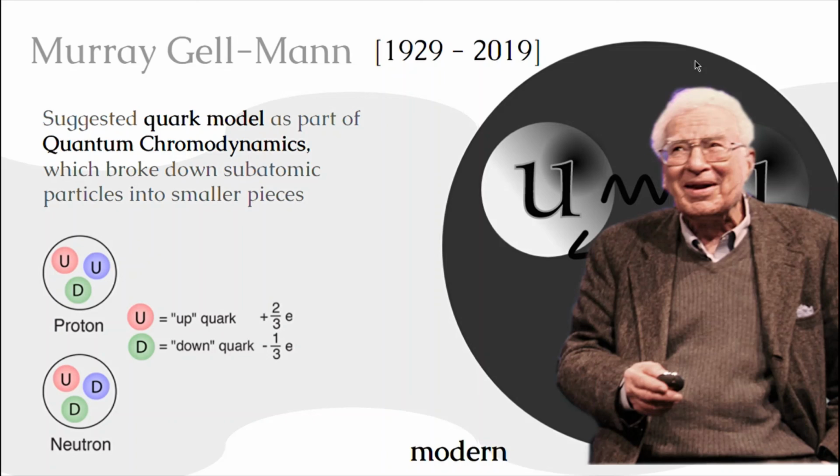And then we discovered the smaller subatomic particles, like protons, neutrons, electrons. But we still thought those were indivisible as well. And that's where our modern understanding of physics kicks in.